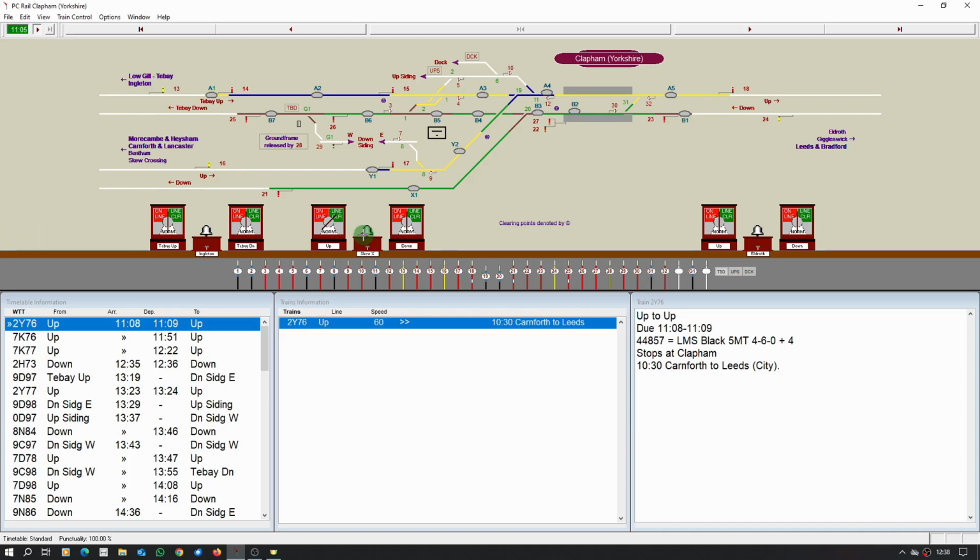And that's train entering section for that one, which I'll acknowledge.